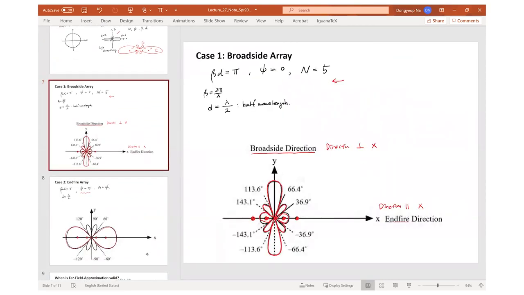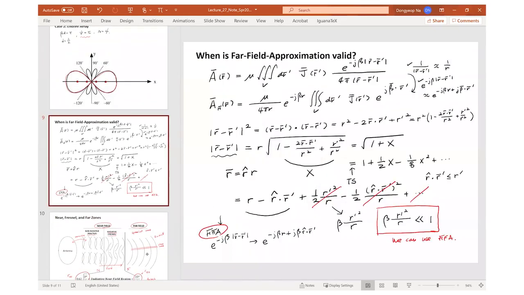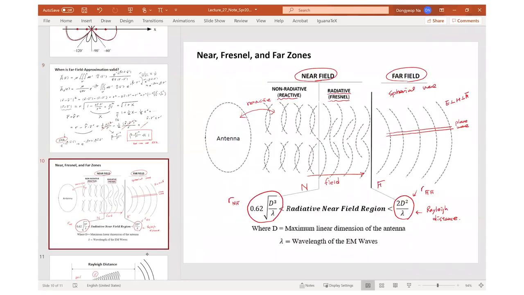Depending on the design parameters, like d and the linear phasor, we can make a broadside antenna or an end-fire antenna. We have also inspected the condition when the far field approximation is valid. And we have discussed the near, Fresnel, and far zones and the characteristics of the field created by the antenna in each zone.